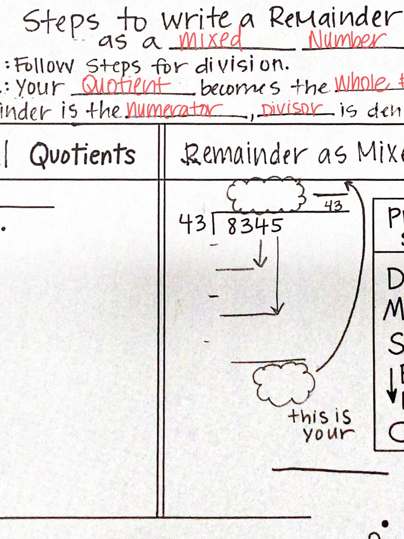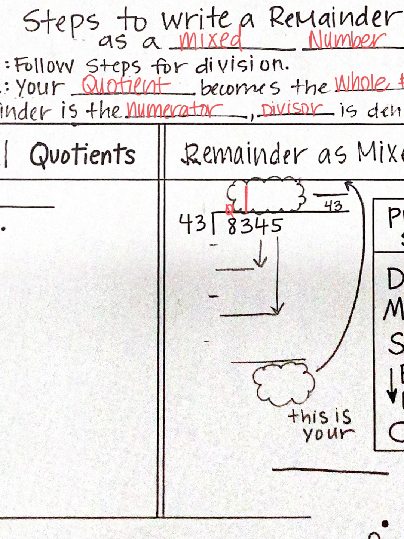So 43, I have to ask myself, 43 cannot go into 8, so I have a little 0, the hero up here, or placeholder. But 43 can go into 83 one time.